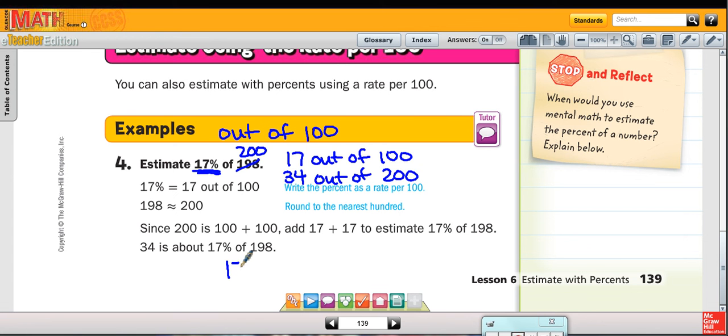So this would be 17 times 2, or you could think about it as 17 plus 17. What if this had been 400? Then you would have 17 times 4. Does that make sense? So for rate per 100, you just change this one to a multiple of 100, and then you take this times how many 100s there are, because it means out of 100.